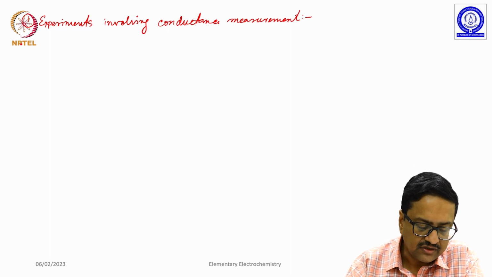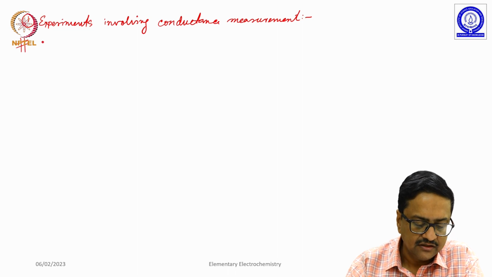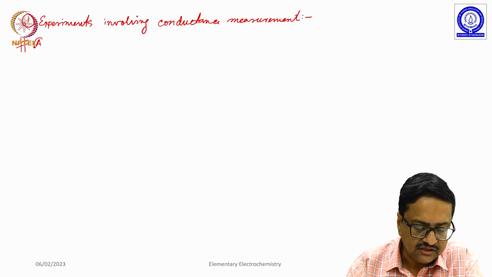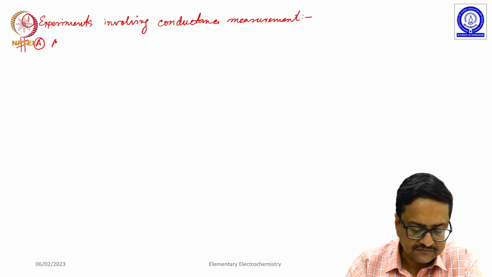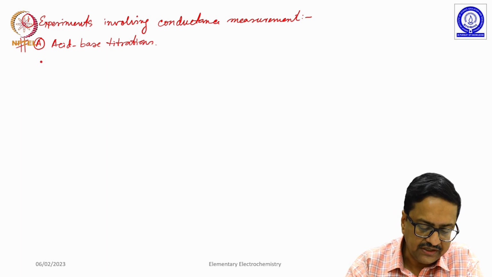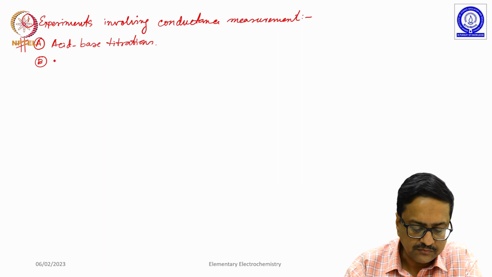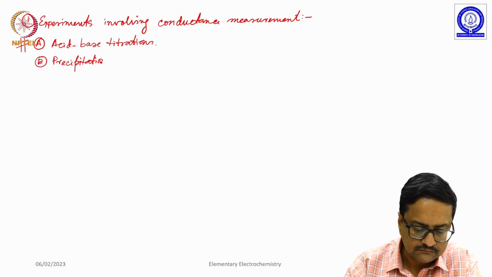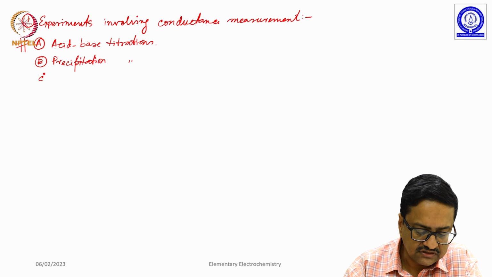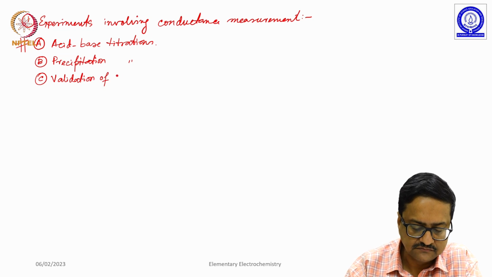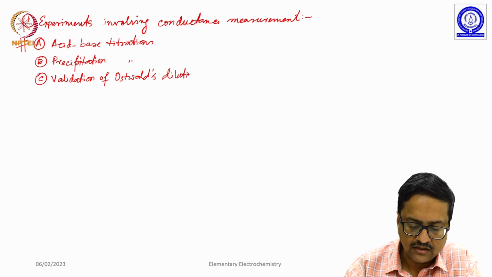So the experiments that we want to theoretically understand are: A, these different types of acid-base titrations, B, precipitation titrations, and C, validation of Ostwald's dilution law.